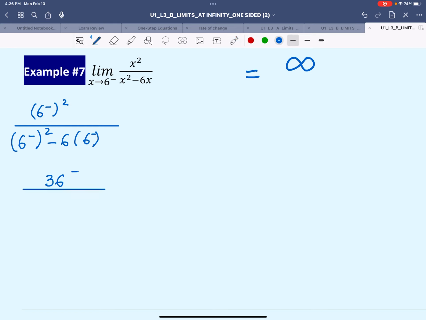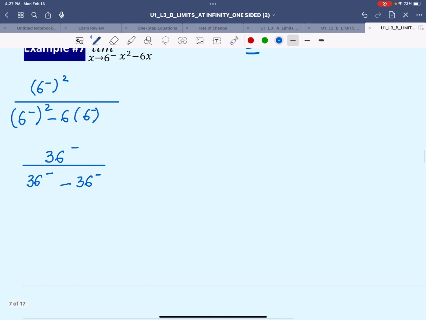Now, in the denominator, again, we have 36 minus, and minus, and now we have 6 times 6 minus, which is, again, 36, a little bit less, because it's the full number 6 times 5.999. So what we have up here is some constant number, and down here we have the difference of two numbers.